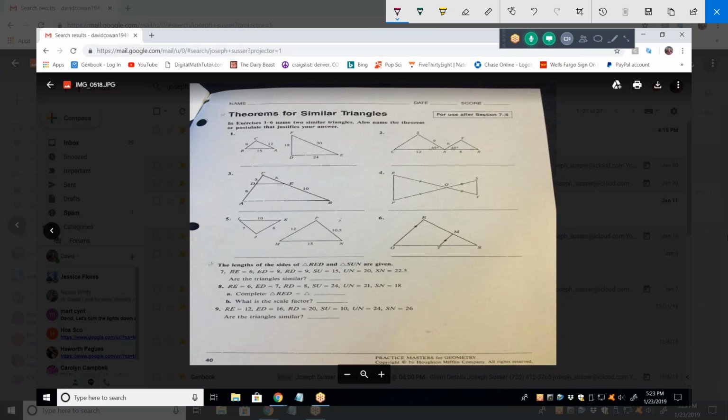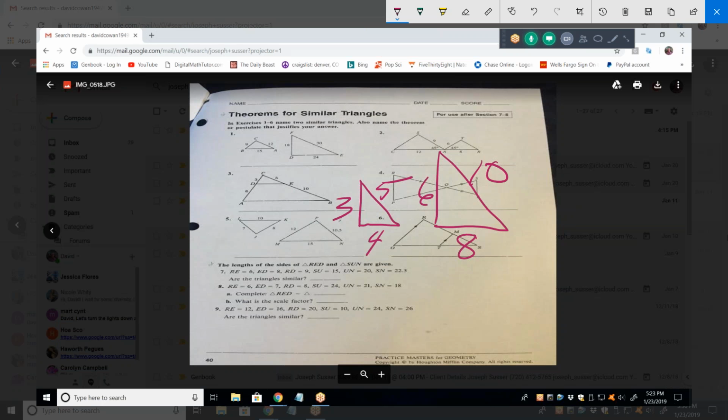Now let me give you a little different aspect here. You might not be aware of this, and this is actually pretty worth being aware of. When you have similar triangles, which we do here, there's a bunch of ratios that apply.